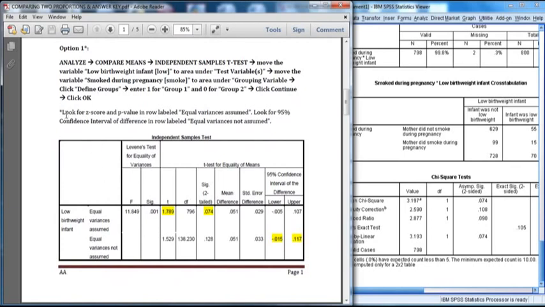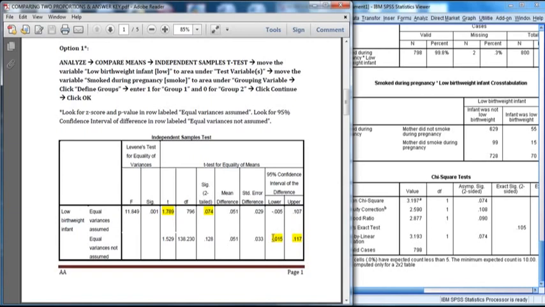Remember, the estimate of the difference is the difference between the two sample proportions, which in this case was 0.05. One group had a proportion of 0.13, 13%, and one group had a proportion of 0.08 or 8%. So you subtract one from the other to get the difference, 0.05, and we want a precision of our estimate.